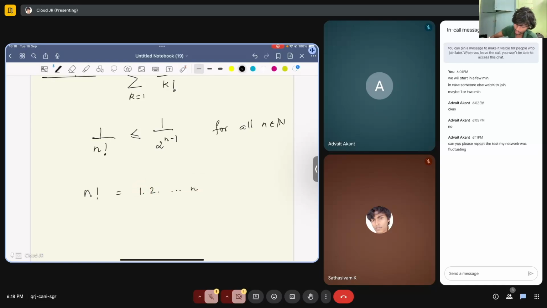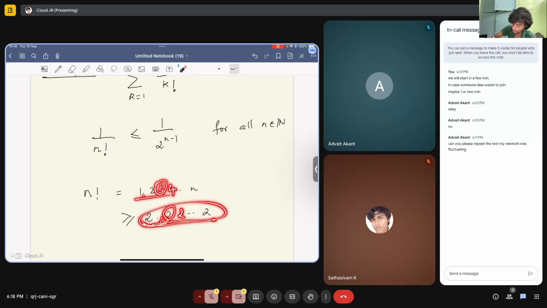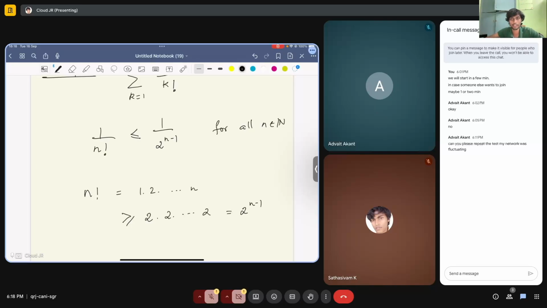And you can clearly see this is greater than or equal to 2 times 2 times etc. times 2. So I'm replacing 3 with 2, instead of 4 I'm putting 2, so everywhere I'm putting 2. And this number should be less than whatever this number is, right? And this is nothing but 2 power n minus 1. And you take the reciprocal, you will get this inequality.